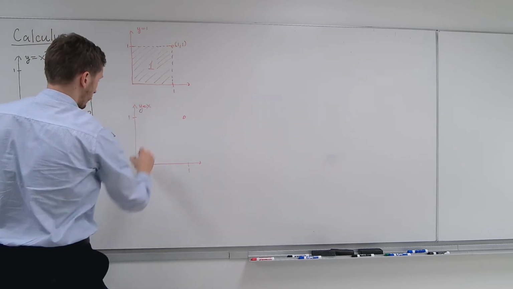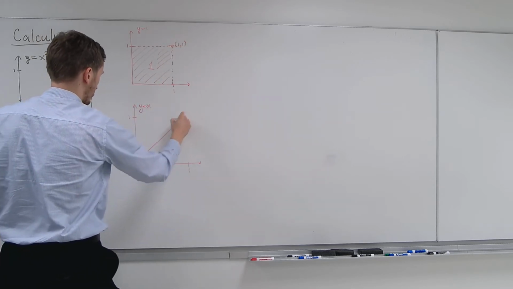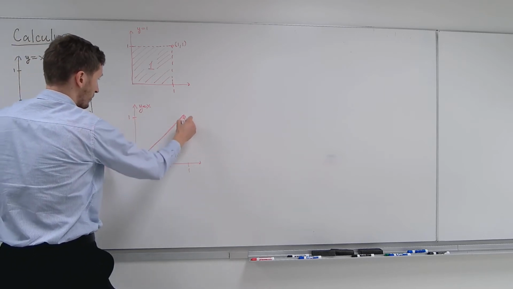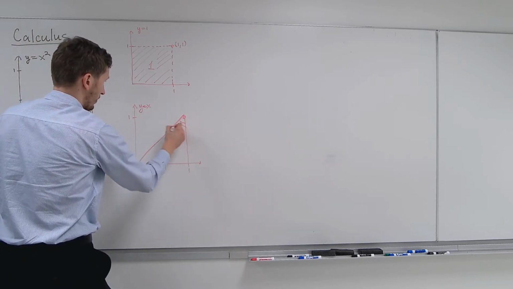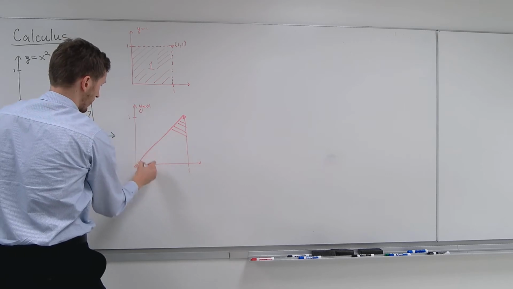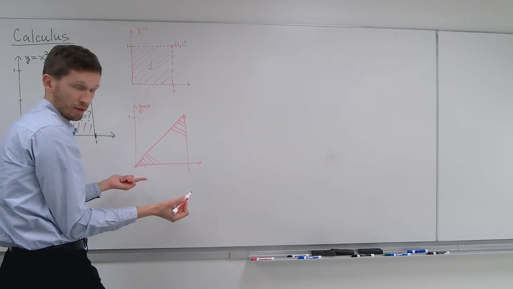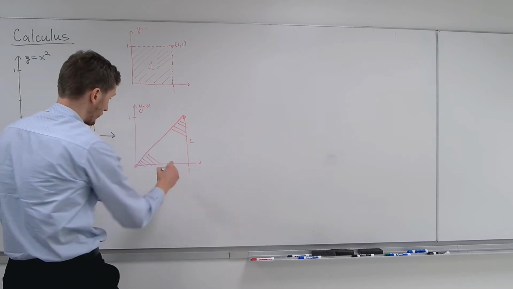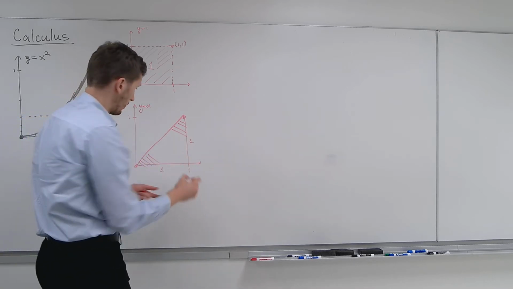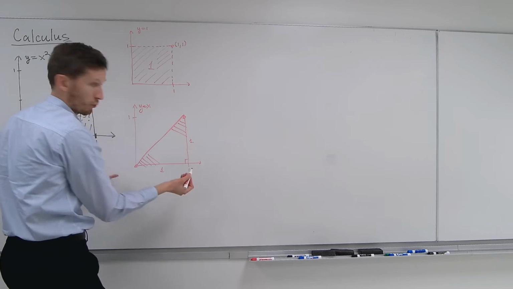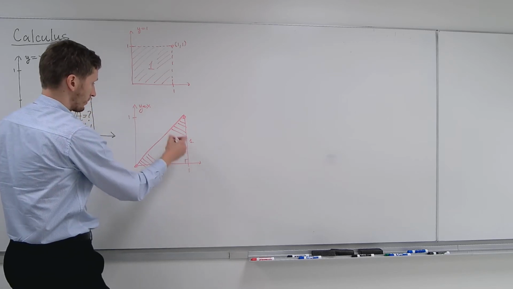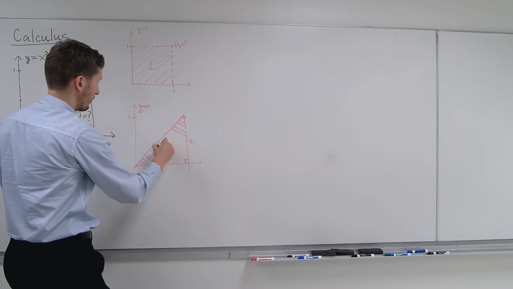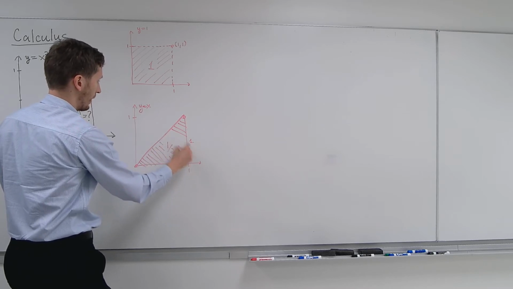So if I connect these two points, that's the line y equals x. And underneath that, what's that area? Well, it's going to be 1/2 of the base times the height, the way you would do it for a right triangle, or any triangle. Base times height, 1/2 of the area. So it's going to be 1/2. And so we have area here 1/2.